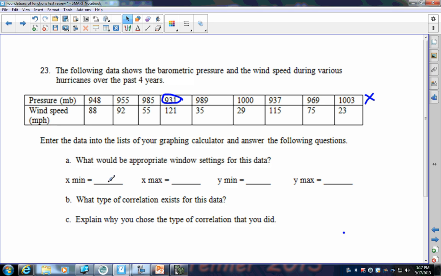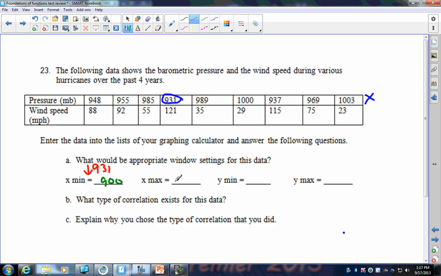My X minimum has to be anything less than 931. I'm probably just going to put in 900, just because I picked the number. Any number that's less than 931.